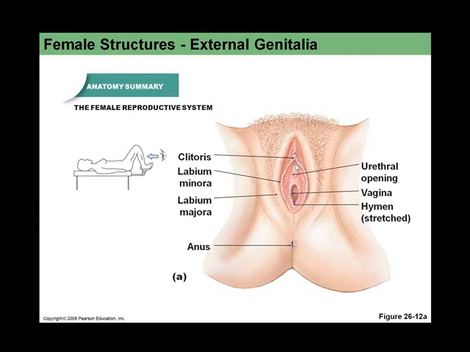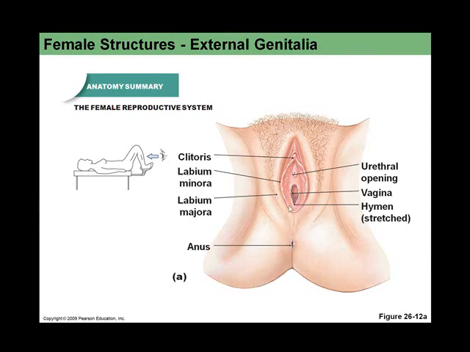And continuing to move posteriorly, the external urethral orifice, or the urethral opening. This space medial to each labia minora is the vestibule of the vagina, and the vaginal introitus, as it is called, or the orifice of the vagina, opens into this area as well.